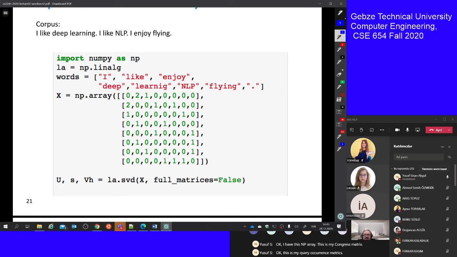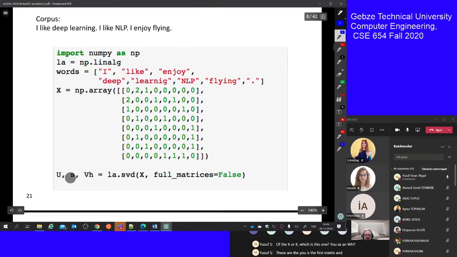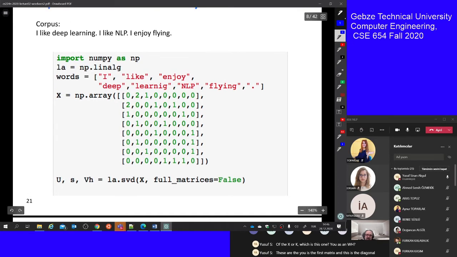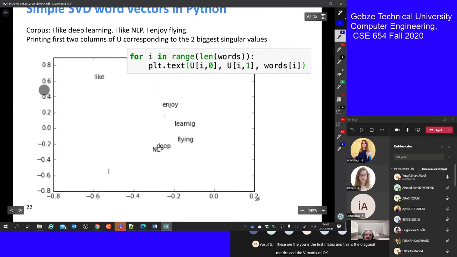Inside my co-occurrence matrix, I put all of those numbers and I do singular value decomposition of X, which is this one: U, S, and V. U is the first matrix, S is the diagonal matrix, and V is the V matrix.